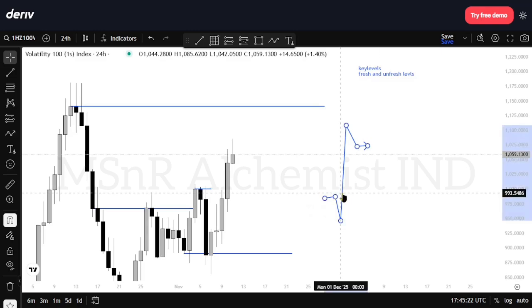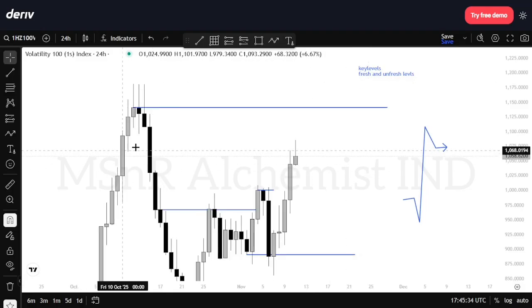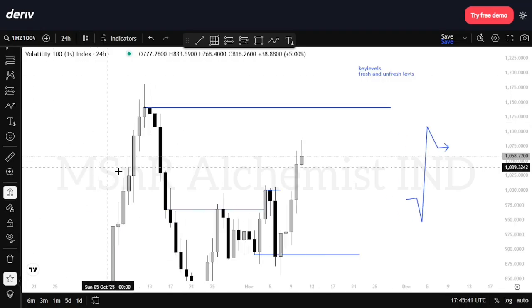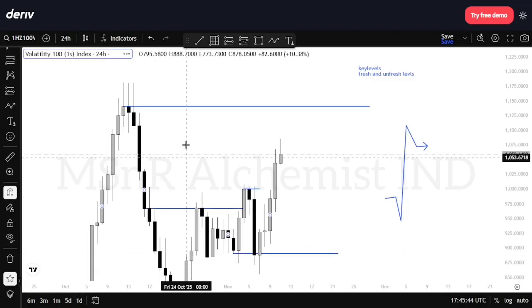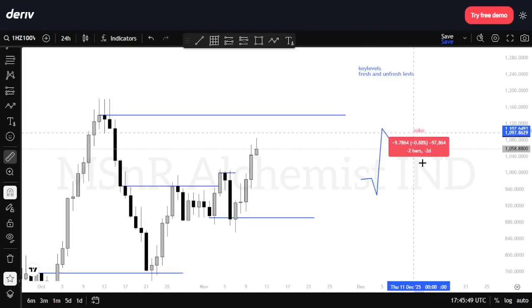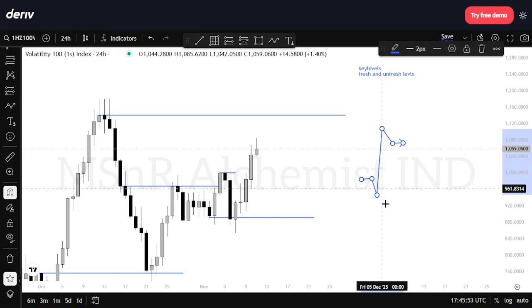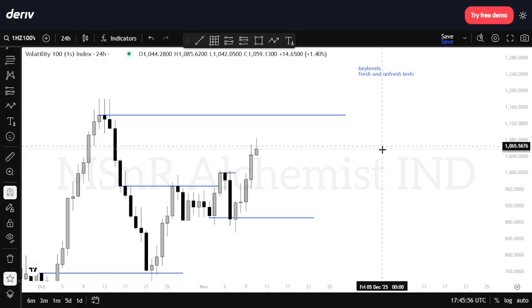This is the closing of a bullish candle: opening, low, high, then close. Why do I tell you to mark this? If we go to the line chart, this is the candlestick chart. The candlestick chart prints more data, but a line chart prints only the closing price of the candles.